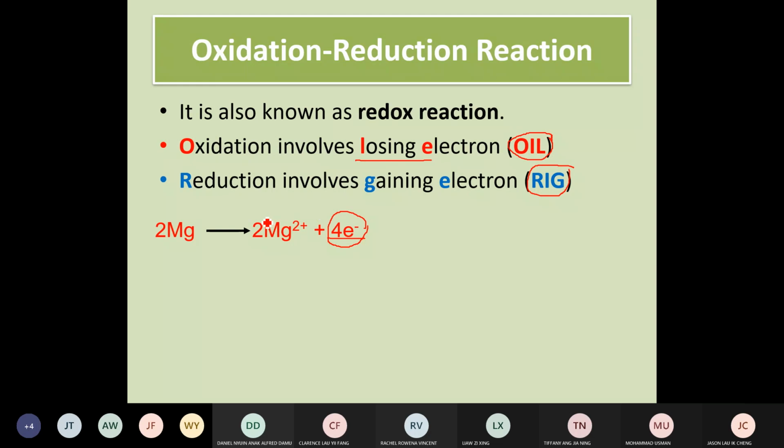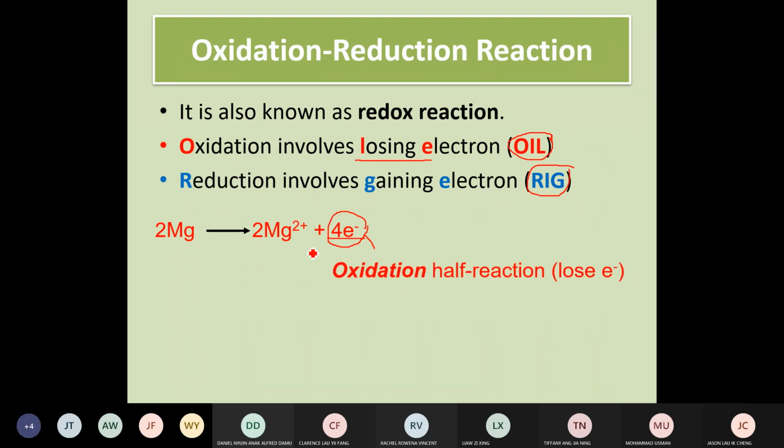So it's a very unstable thing that will be associated with something, and for this to happen, there should be another element or another species that can take up these electrons, and that is why oxidation and reduction happen simultaneously. If there is an oxidation, there must be a reduction as well.